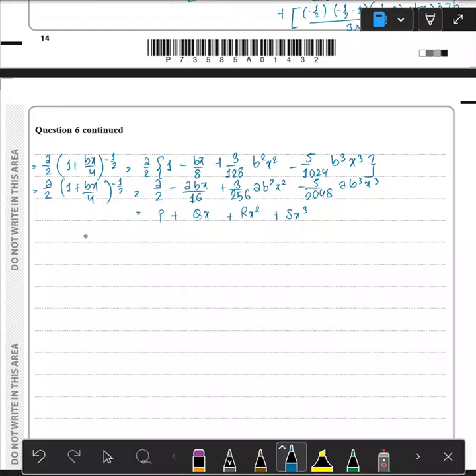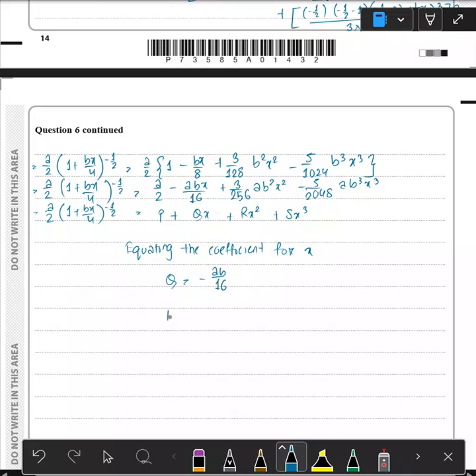So equating the coefficient for x, this is q is equals to negative a by ab multiplied by 16.